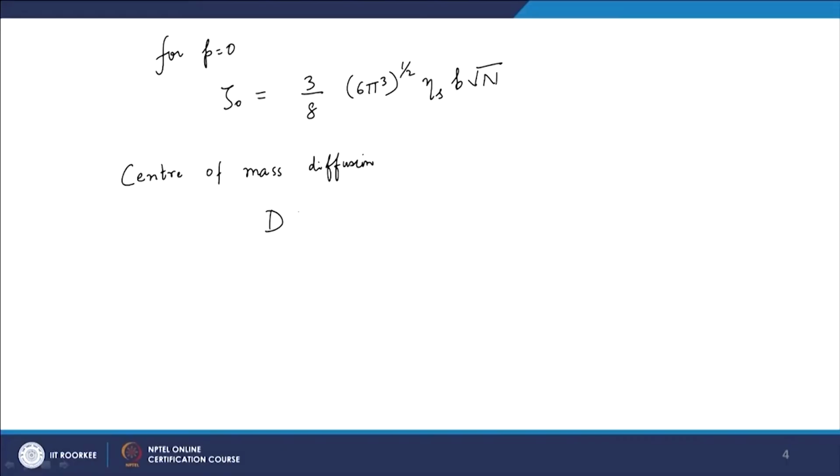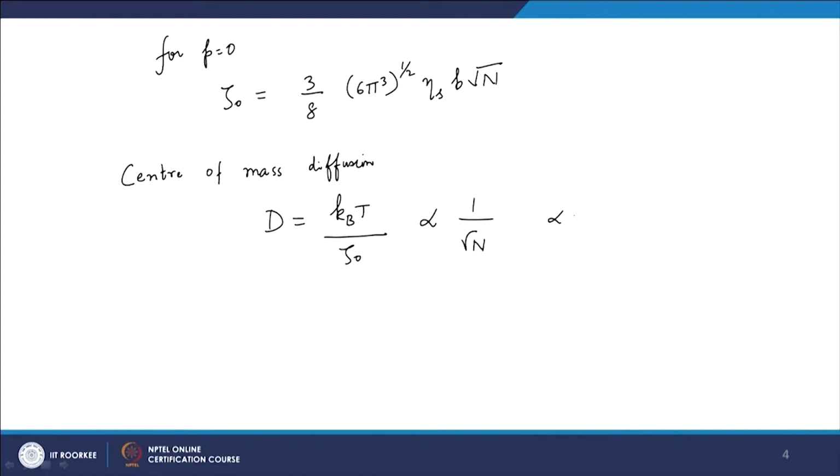So, we have D equal to k_B T by zeta naught, which now is proportional to 1 by square root of N. That tells me that the diffusion still decreases with N, but with an exponent 1 by 2, the exponent that we have for R_g in theta solvent.